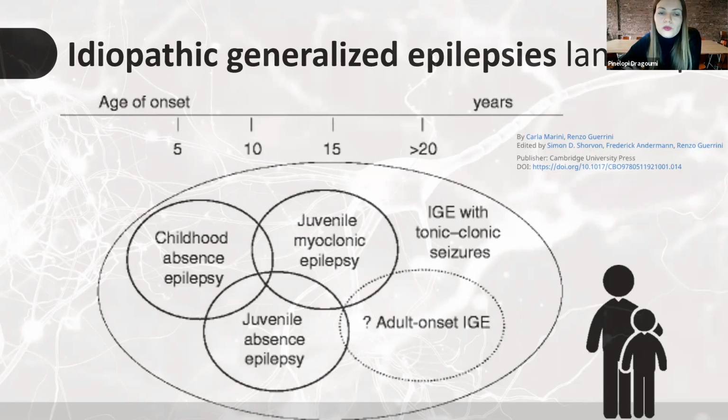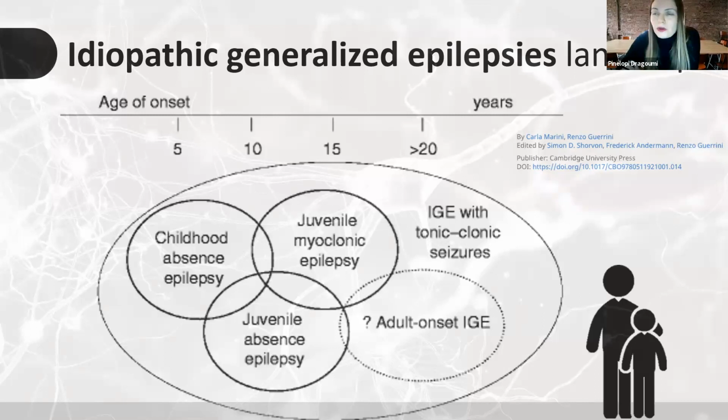And later on, around puberty, we see this group of idiopathic generalized epilepsies that have some features and some epilepsy types that are common in all three of them, and this is the juvenile myoclonic epilepsy.